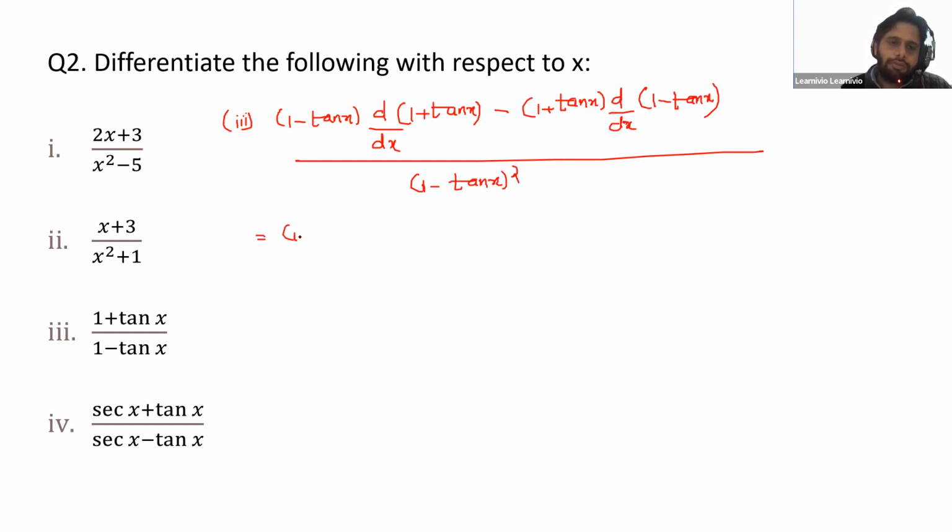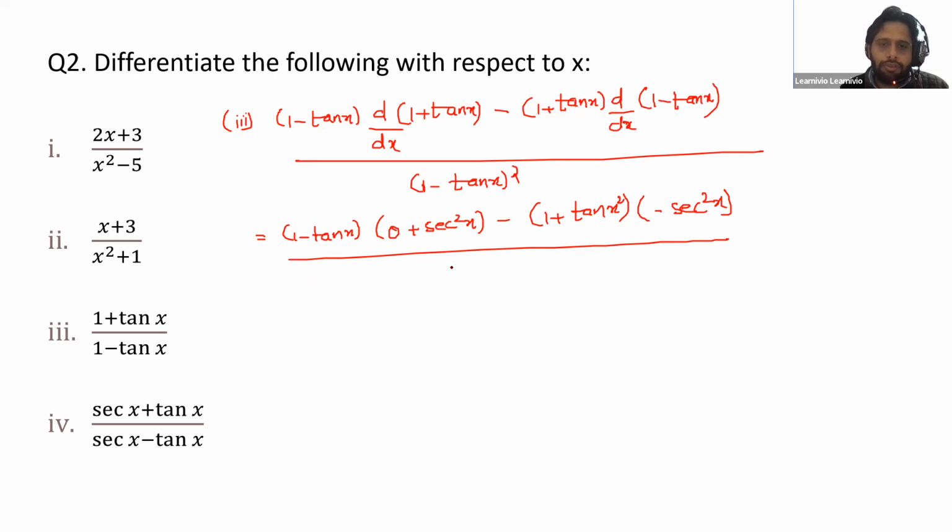Now this is 1 minus tan x, and this is 0 plus sec square x, minus this 1 plus tan x, and this will give you minus sec square x. And Krishna, you can let me know the answer whenever you solve the last one.